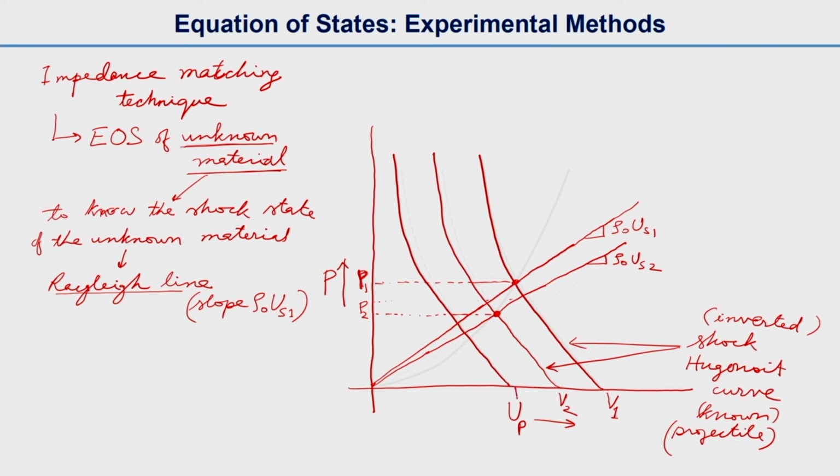Assume that this is V3, and in that case again we have a Rayleigh line. So, that Rayleigh line is this one, with slope rho naught US3. So, this point will give us the shock state corresponding to that impact velocity V3, and if we connect all these points here, something like this, I will make a thicker line.